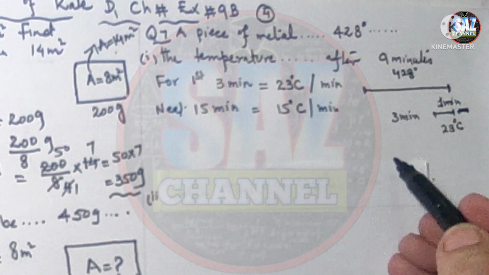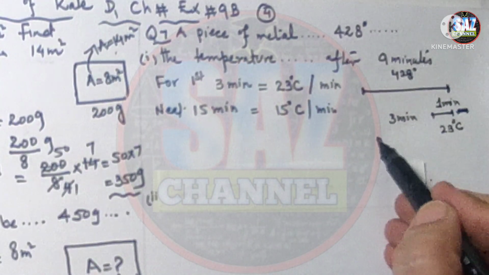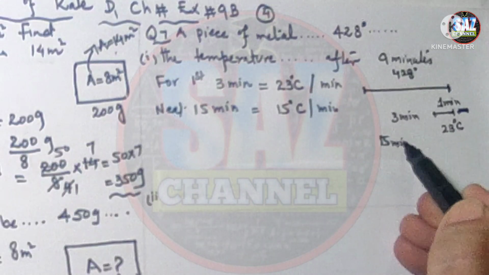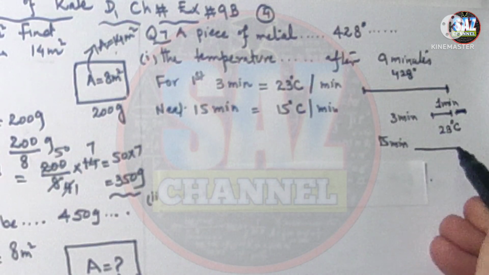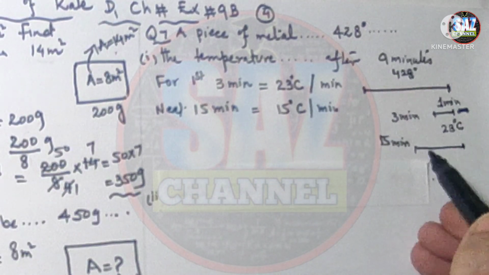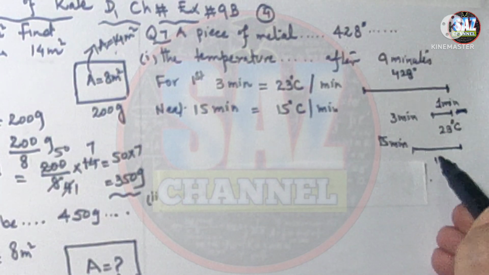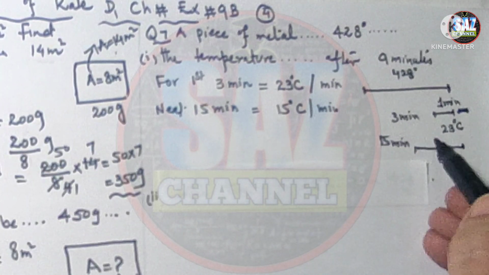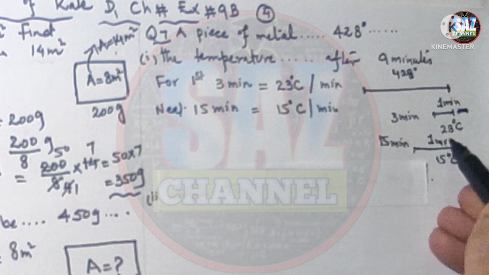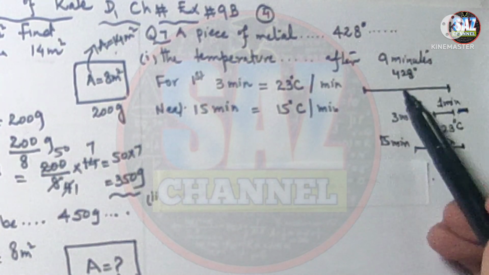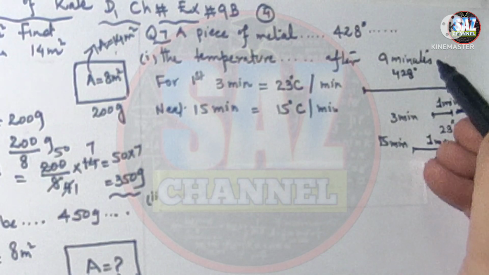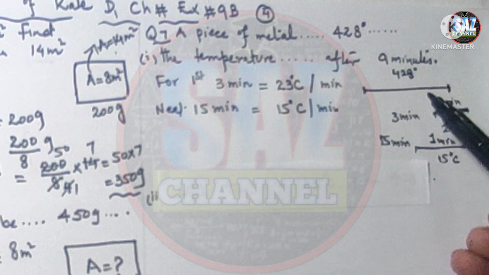So, for the first 3 minutes and for the next 15 minutes, I am trying to use the CPA approach as well. 15 degrees centigrade in 1 minute. The initial temperature was 428 degrees centigrade.